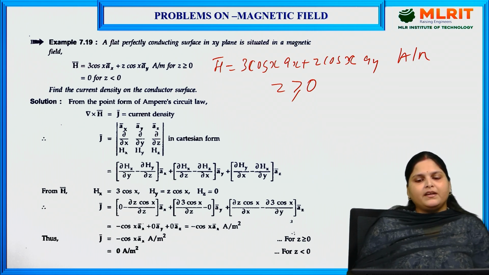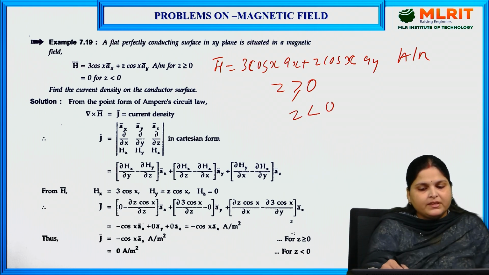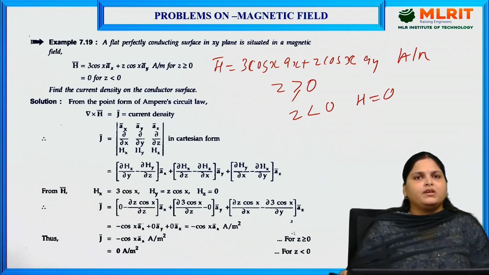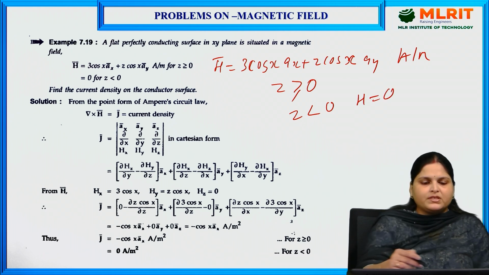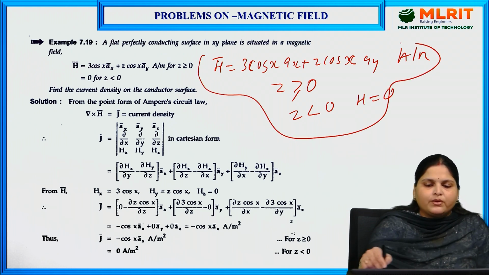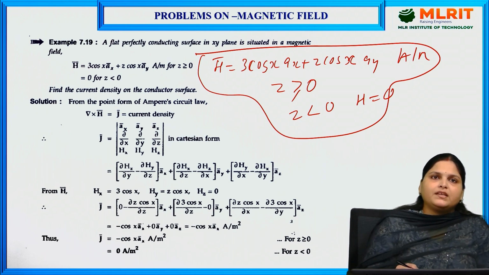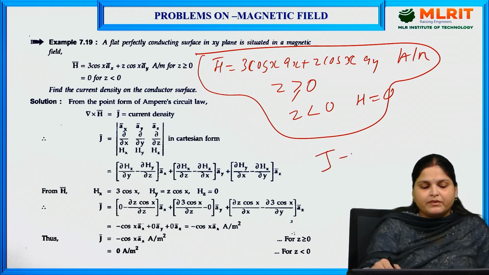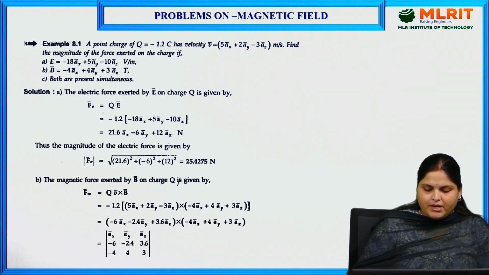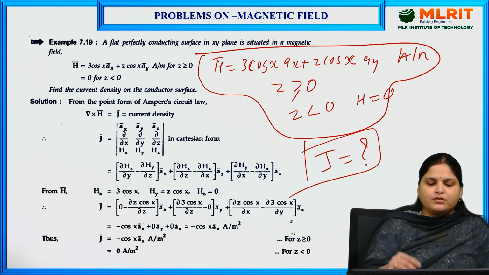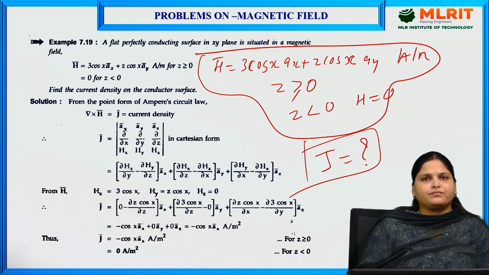If z is less than 0, in that case H is also 0. So this is the condition given in the question, and as per that we have to find the current density J on the surface of the conductor, right?